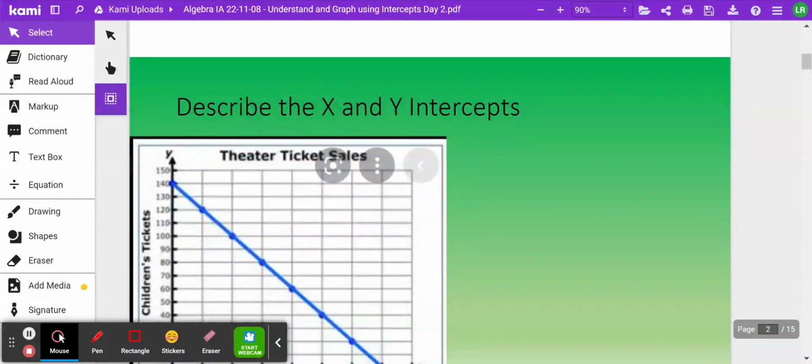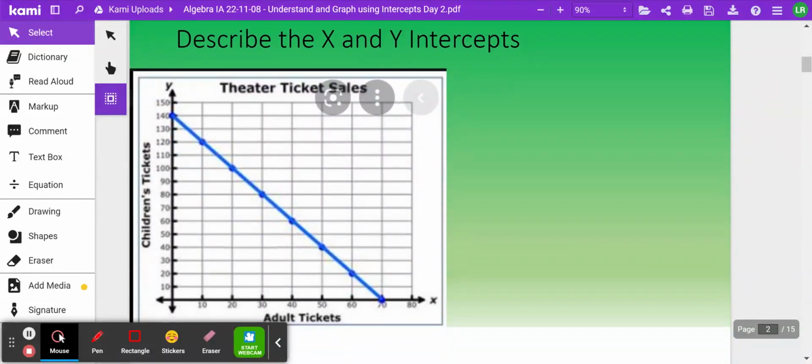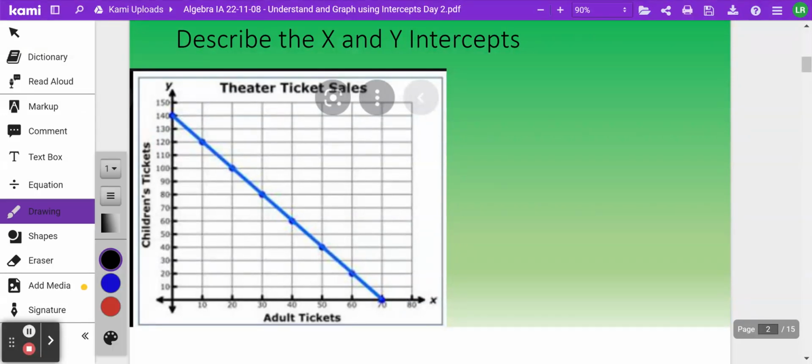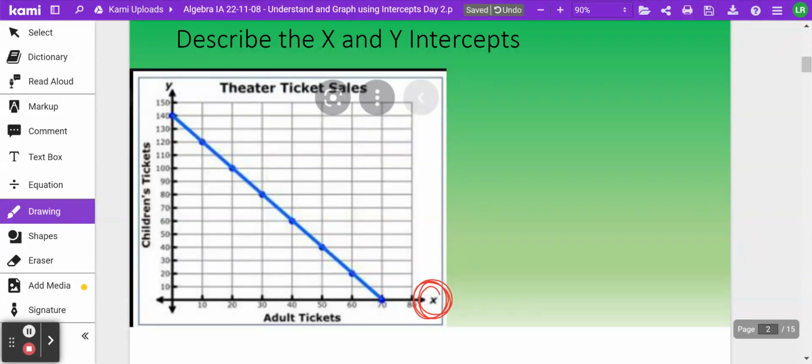All right, here's your first one. It says, describe the x and y intercepts. So just a reminder, when we did these, number one, our x-intercept is where our blue line crosses the x-axis.